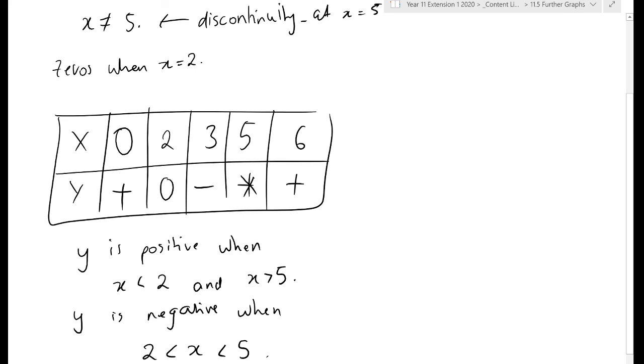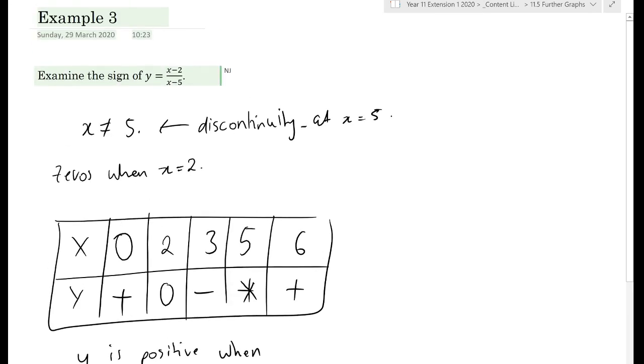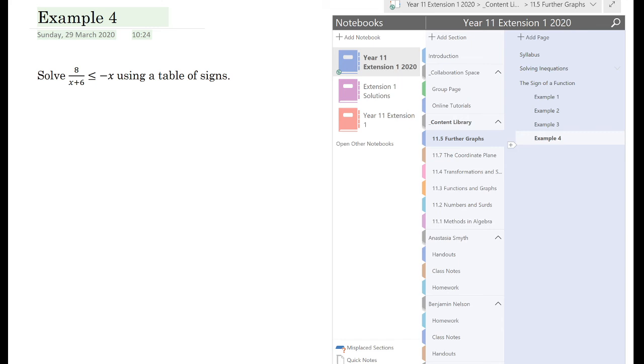Because it's between the 2 and the 5, the 0 and discontinuity, everything's going to be negative in between those, and then it's going to be positive for the rest otherwise. So that's how we examine the sign. It's just by looking at where it's positive and where it's negative, and we can use a table of signs to do that.